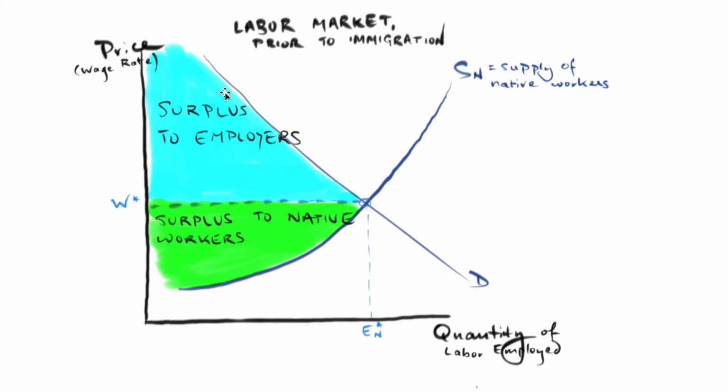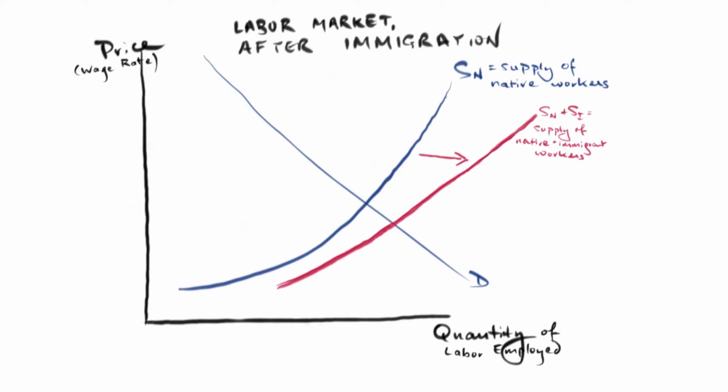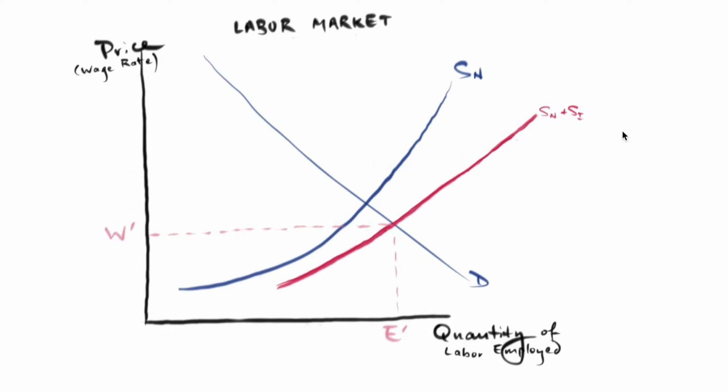Then some immigrants arrive. And when immigrants arrive in this economy, it's going to shift the supply of workers to the right. So this red curve, this is SN plus SI, the supply of natives and immigrant workers. Again, when the immigrants arrive, they shift out the labor supply curve, and the market will have a new equilibrium.